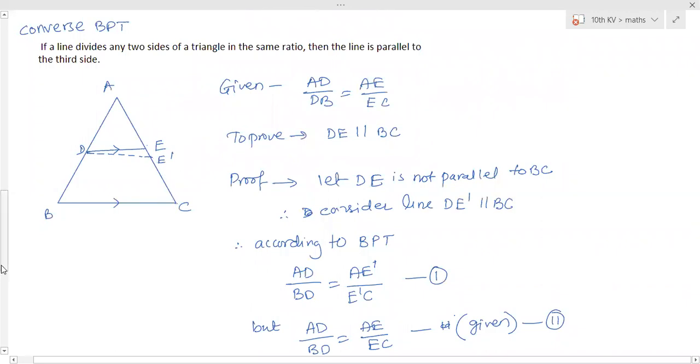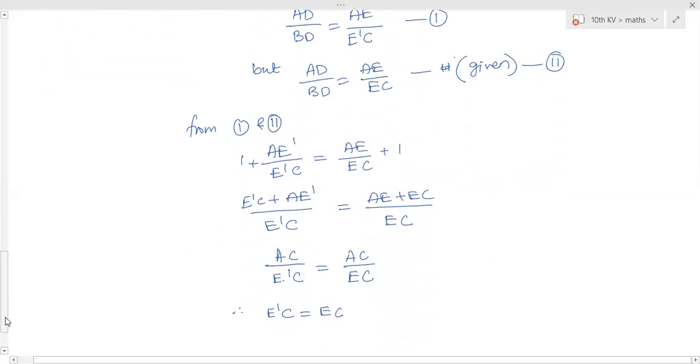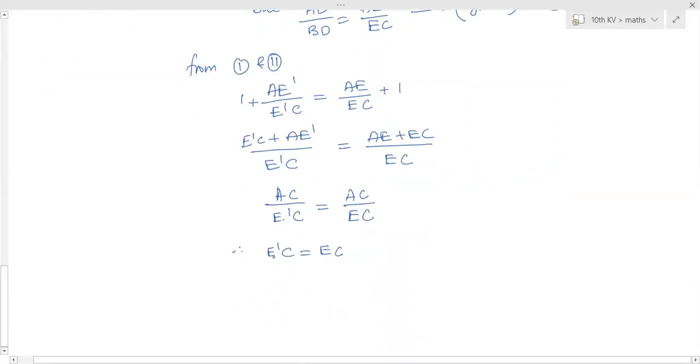From the one point C, the two points E and E dash are at equal distance on the same line. What does this mean? They coincide with each other.